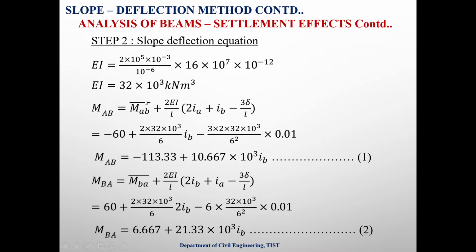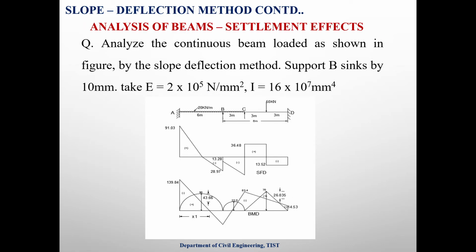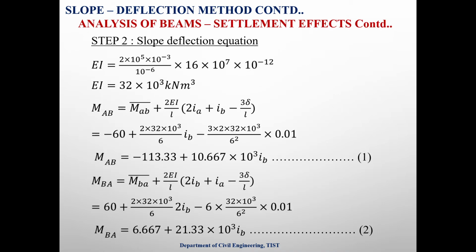The value of M bar AB that you know is minus 60 and L is equal to 6. EI is 32 into 10 raised to 3, and since A is the fixed one, θA is equal to 0. D is also fixed, that means θD is equal to 0, θA is equal to 0 and θB is there.